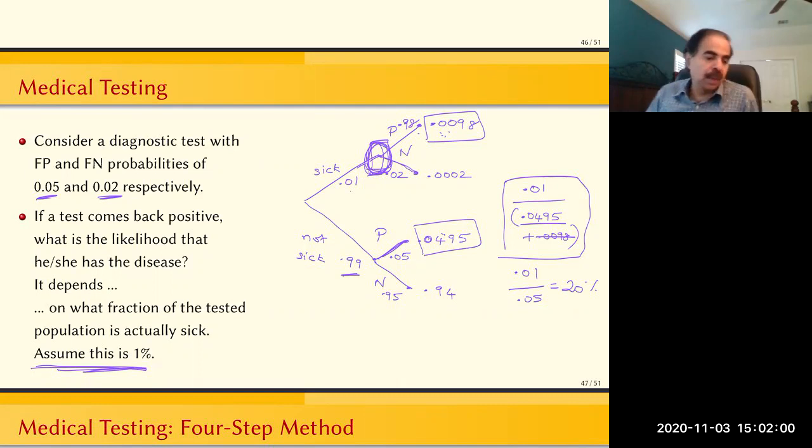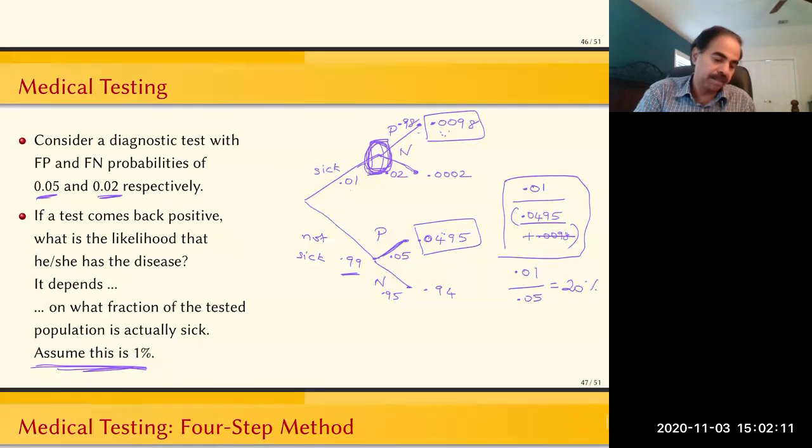Okay, so basically, we looked at this medical testing example where you have a condition that is relatively rare, right?